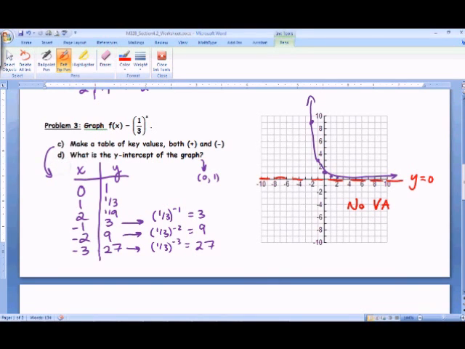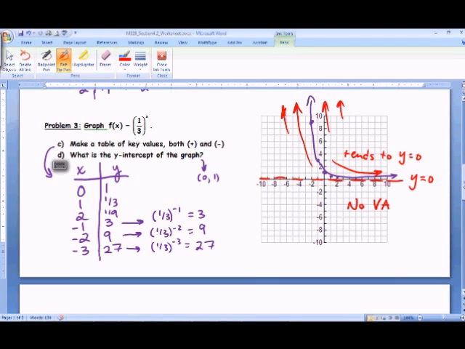But what you're going to notice is going to the right, this thing tends to y = 0. And then going to the left, this thing is shooting up to infinity. So it's getting very, very positive in this direction.